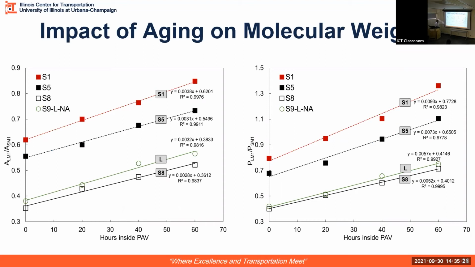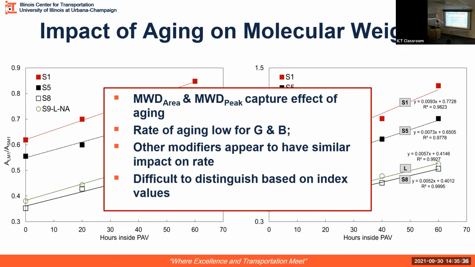We still need to investigate that even though the index value to start with is a little higher, their performance in rheology is pretty similar if you look at the vegetable oils or the set of other modifiers. So these indices capture the effect of aging. With aging, they increase, which makes sense.